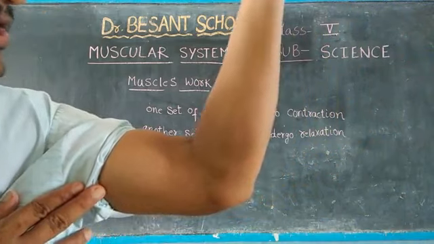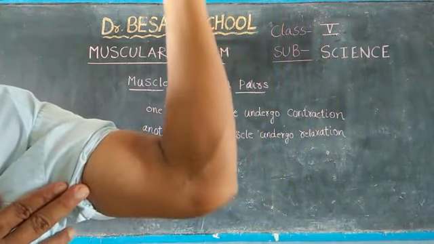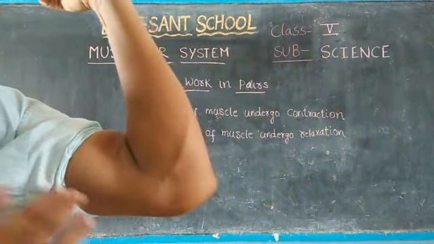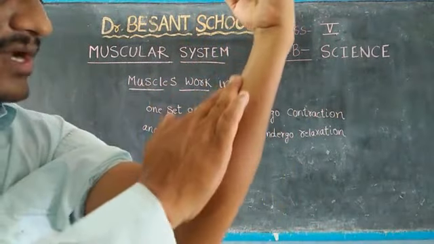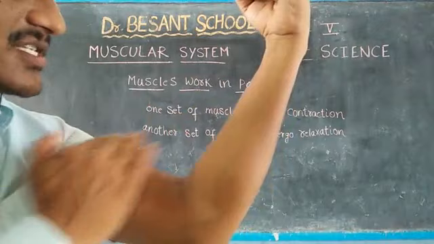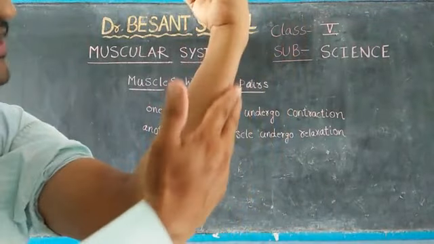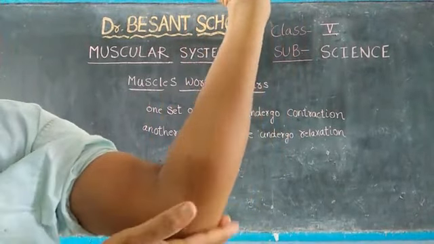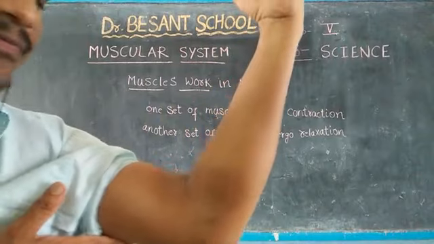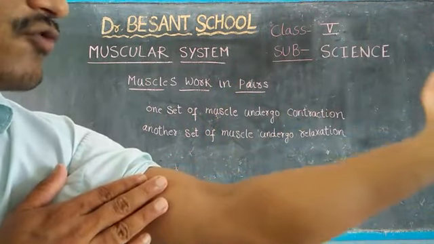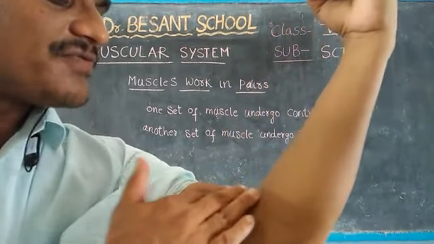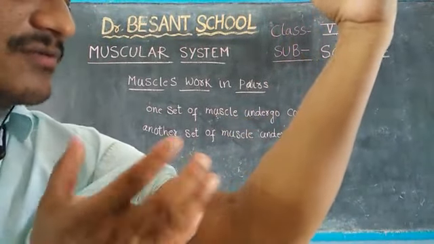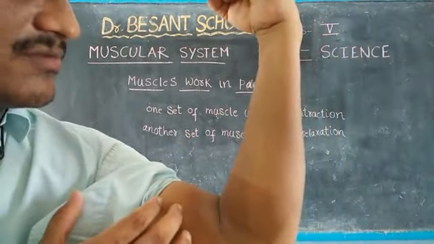When you slowly fold your hand at the elbow, you can see the muscles. There are two pairs of muscles. One pair of muscles on the outer surface of your hand and another pair of muscles present on the lower surface of your hand. When you fold your hand, the muscles present at the upper surface of your hand will come close to each other.